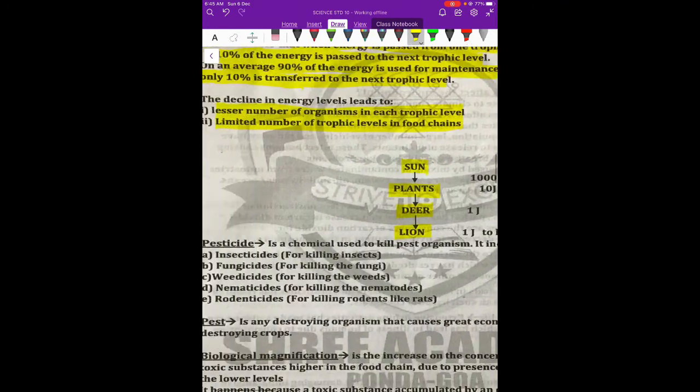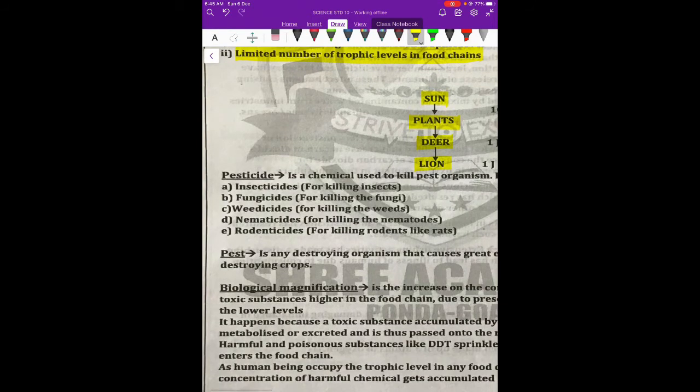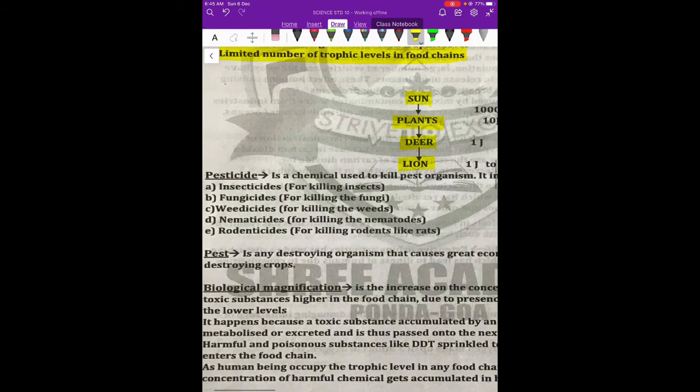Now, what are pesticides? Pesticides are chemicals used to kill pest organisms. What are pests? Pests are any organism which causes great damage to crops. These are called pests. There are different types of pesticides available nowadays. Insecticides are for killing insects.